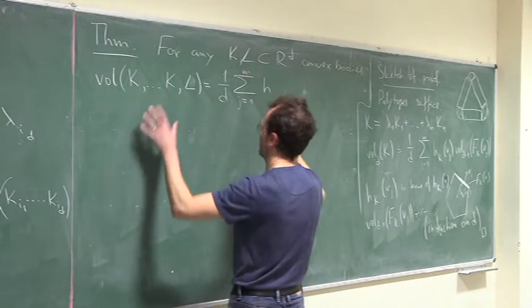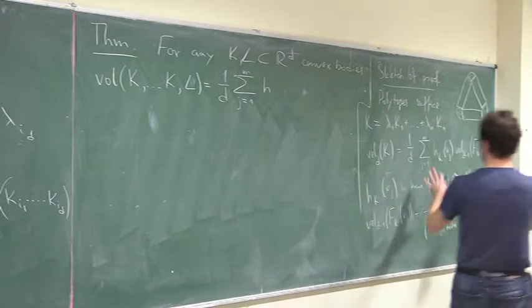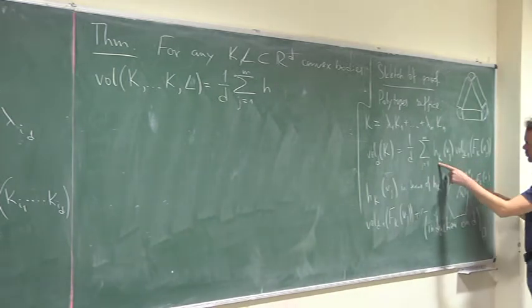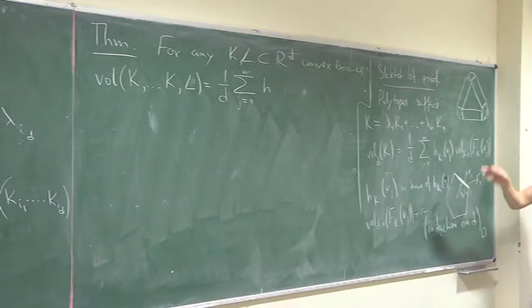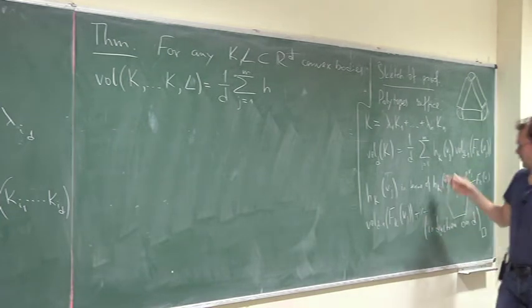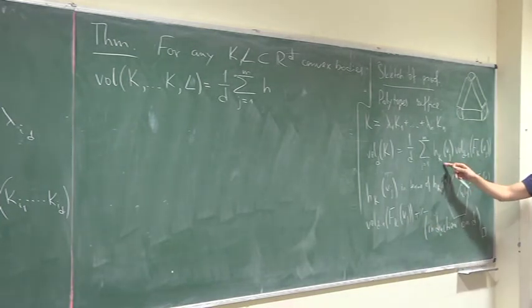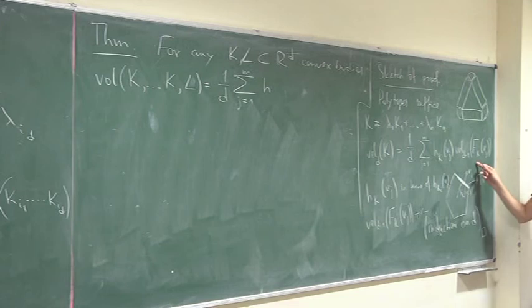So I want to take this formula, the sum of support number times the facet area, and mix my K and L. The support numbers are of degree 1, and the areas are of degree d-1. That's very good.